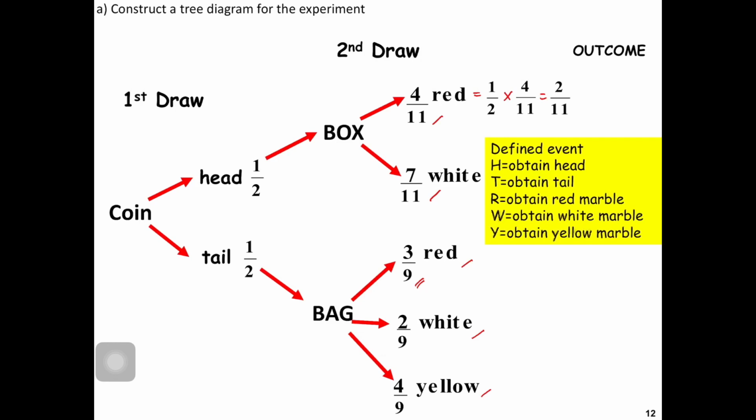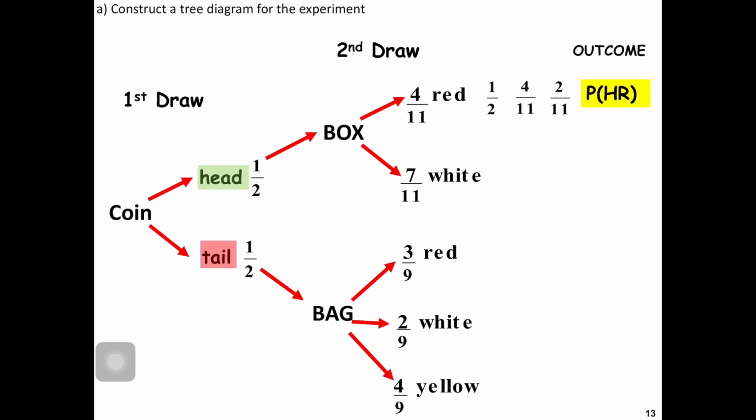For the first branch, you have head and red. It means that the outcome is the probability HR, head and red. For the second branch, the first row is H, the second row is W, and again along the branches multiply.